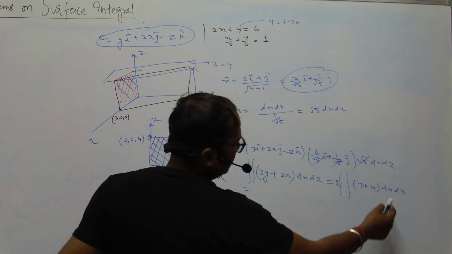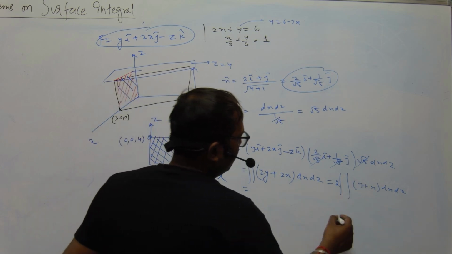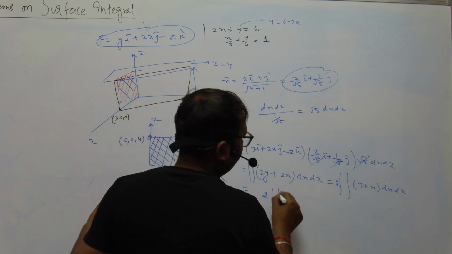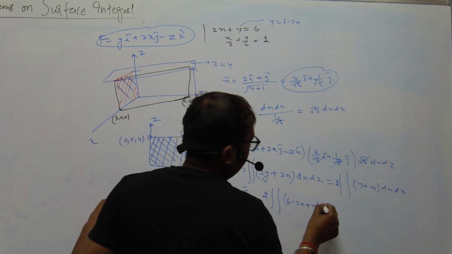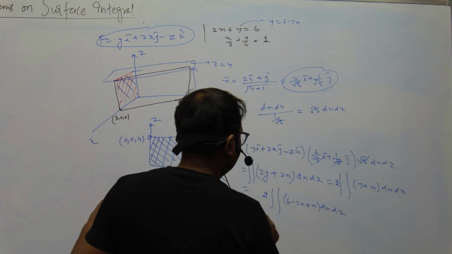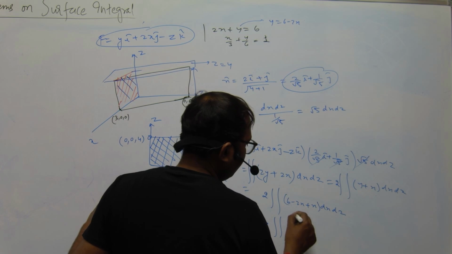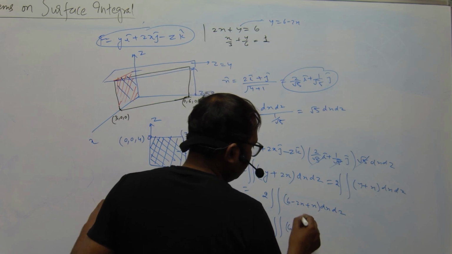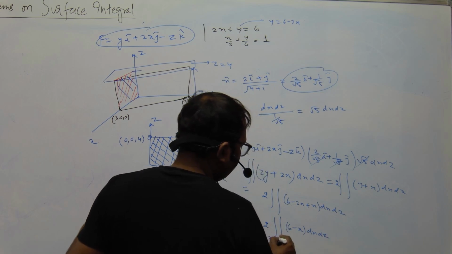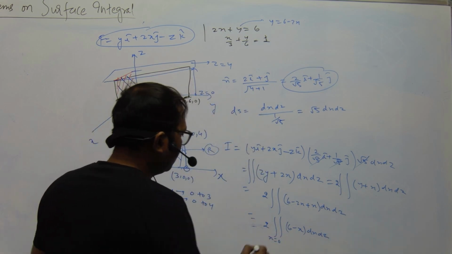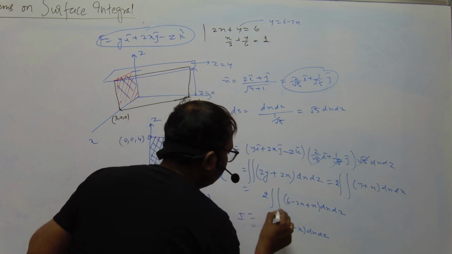Since the integral is in terms of dx dz, let us place the value of y as 6 minus 2x. This is equal to 2 times y is 6 minus 2x plus x dx dz. This is equal to 2 times the double integration of 6 minus x dx dz, where x is from 0 to 3 and z varies from 0 to 4. This is the value of the integral.